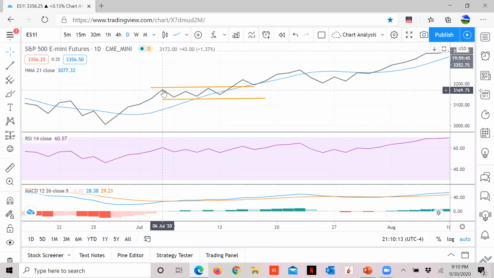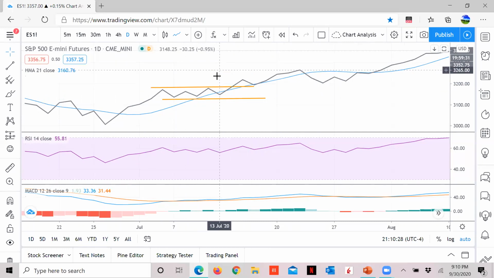The security moves up and comes down to the support level, takes the support, moves up again, hits the resistance, can't go up, and comes back again. It moves up, can't break through this resistance line. Again it comes down, and it's not even breaking through this support point. Then it shoots up, breaks through the resistance, and moves along.